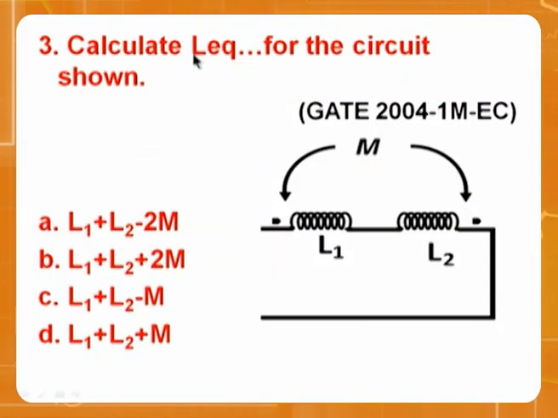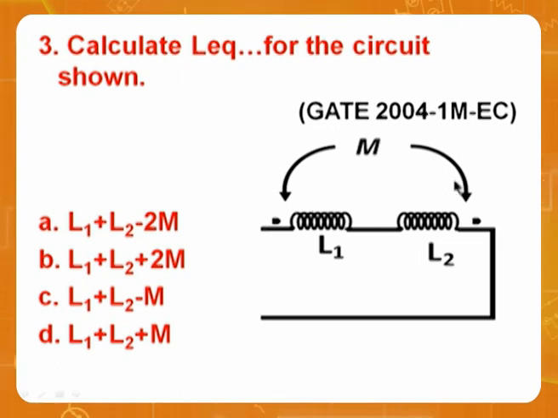Let's go to third problem. With this approach and introduction I gave, I'm entering into examination problems. Calculate L equivalent for the circuit shown. Say this is L1, this is L2.